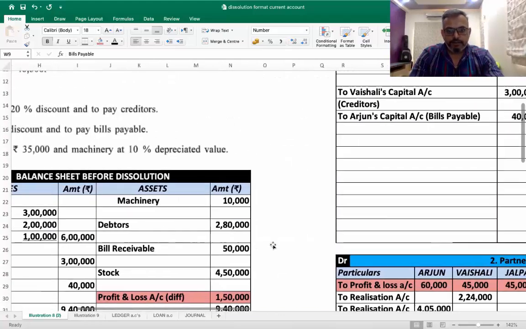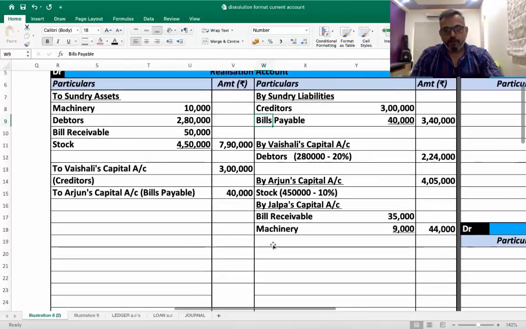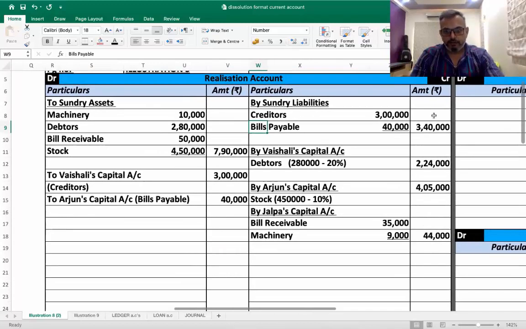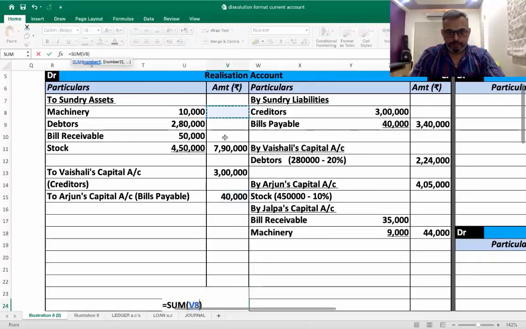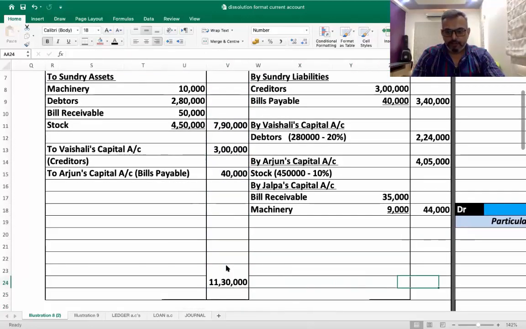If not, then first let's close the realization account. We have to see which side is more. Debit side is more. So debit side, do the totals. 11,30,000.